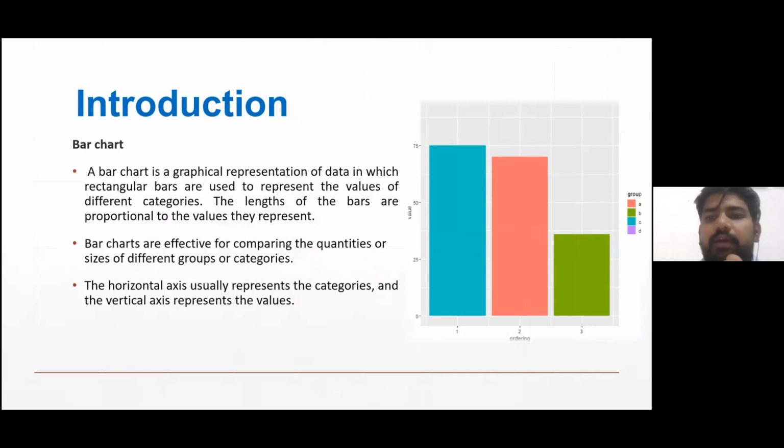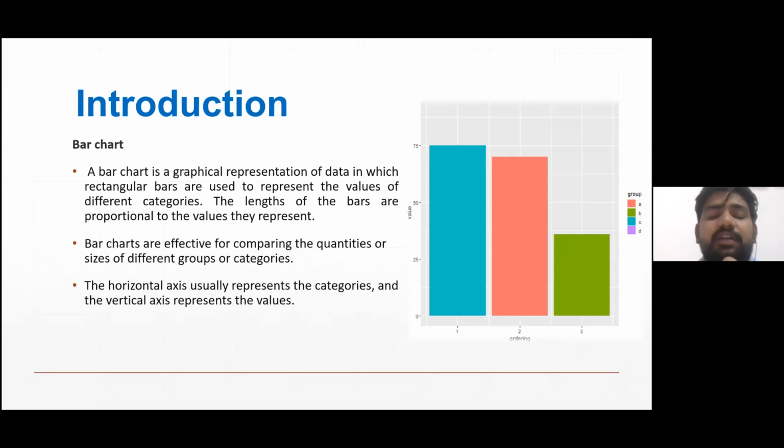I also use a bar chart to represent the volume of the stock data. And what is a bar chart? A bar chart is a graphical representation of data in which rectangular bars are used to represent the values of different categories, and the length of the bars is proportional to the value they represent.